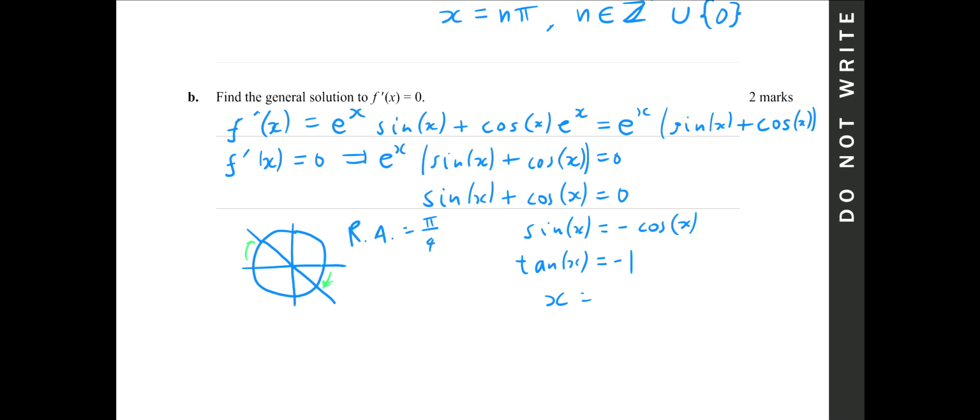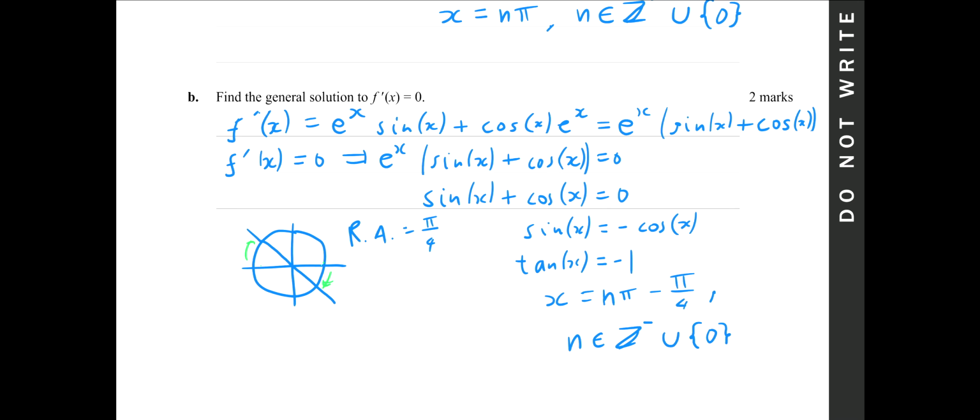So that means we have x equals n pi, so n pi will get us to the left or the right, and then we subtract pi on 4 from there. So that's what that means, x is, of course, n pi minus pi on 4, and in a similar way as what we did in part A, the values of n are again going to be all negative integers, so Z negative, union 0.